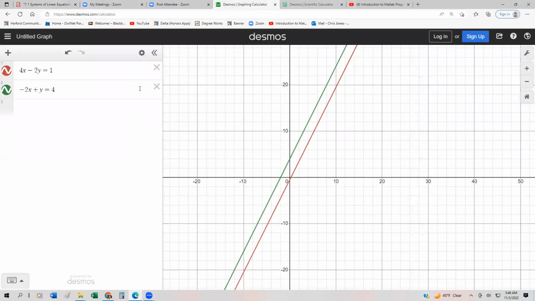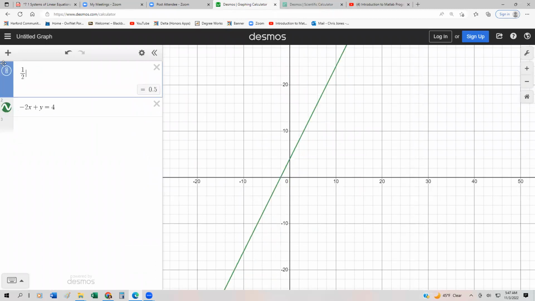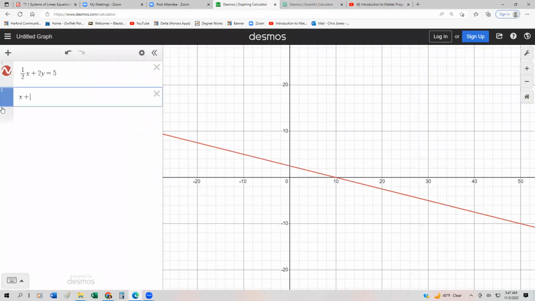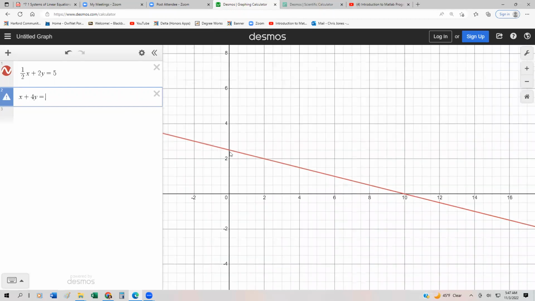So we have 1/2 x plus 2y equals 5, and then x plus 4y equals 10. Now check it out. Before I punch in the last value 10, notice that this is a line that passes through another point, it looks like (0, 3) and (10, 0).